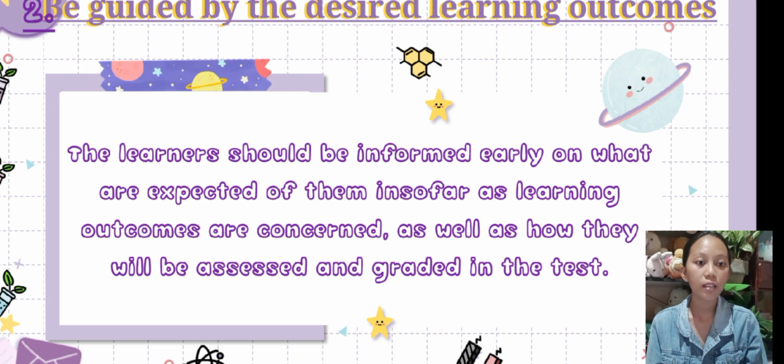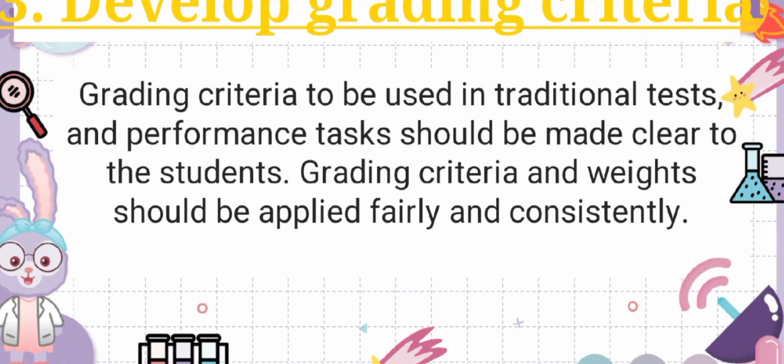Accordingly, the test or performance task that will be conducted in the class should only include and focus on the intended learning outcomes as specified. Should it include items that have not been discussed or are not part of the course syllabus, these items should not be included in the computation of the final test score.